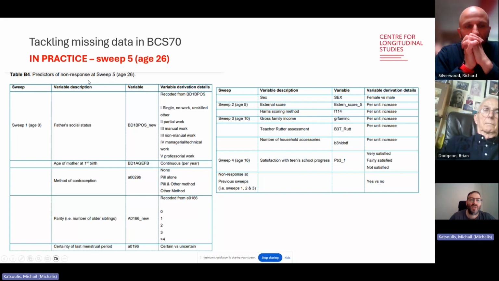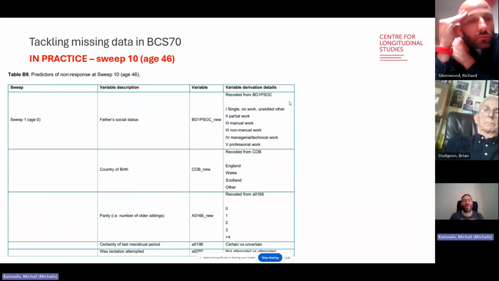I just present 3 different sweeps. For sweep 5, you utilize these variables from sweep 1, these 2 variables from sweep 2, these 3 variables from sweep 3, and this variable from sweep 4, and also no response at all previous sweeps. And for sweep 10, for example, again I select at random, you have to utilize 16 variables.